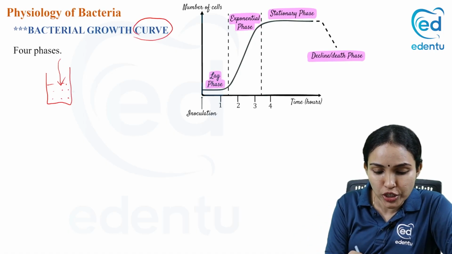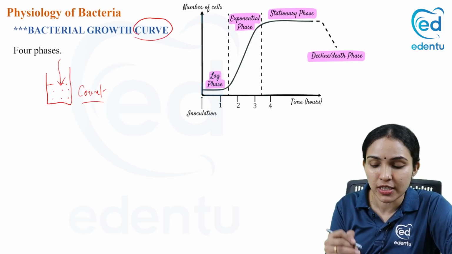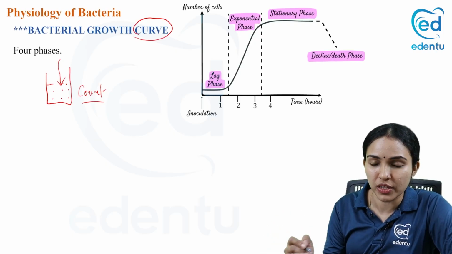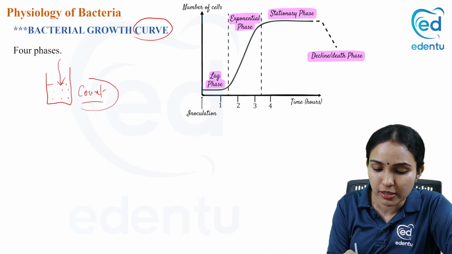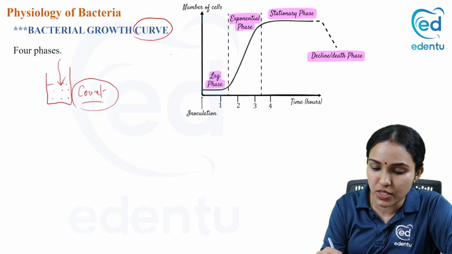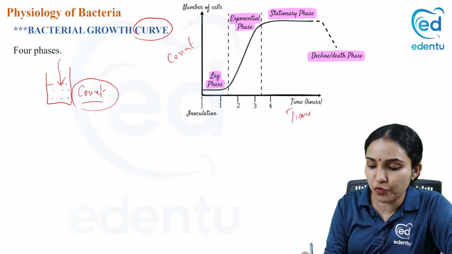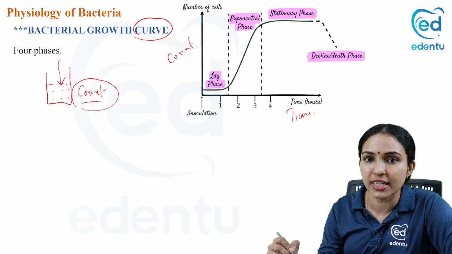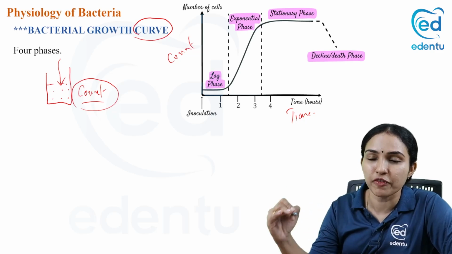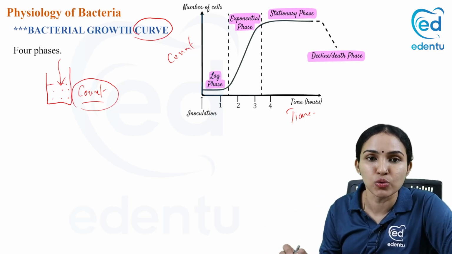And if you note the count of bacteria, how many bacteria are present in this culture at different intervals of time, and plot the count here against the time here in a graph, you get a definitive course, the growth curve.